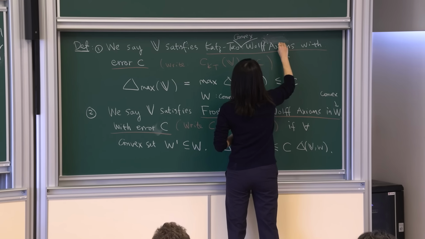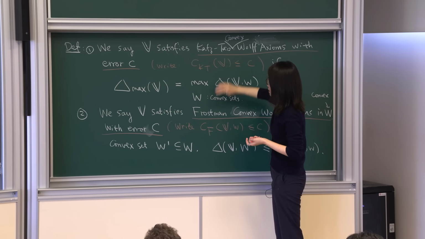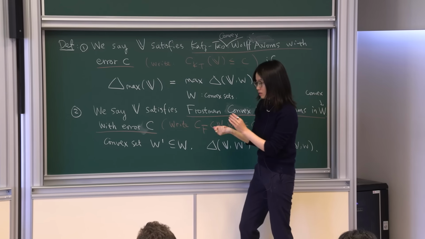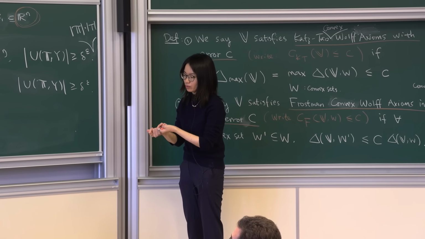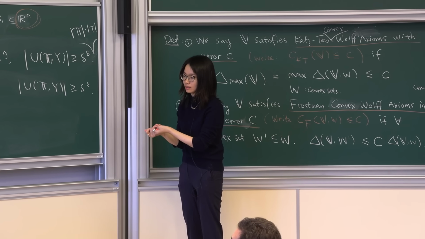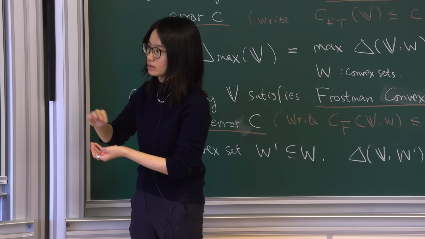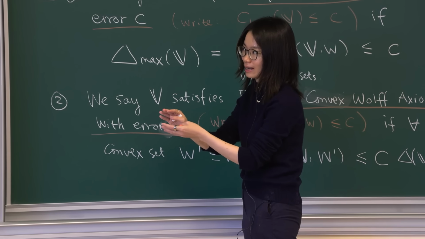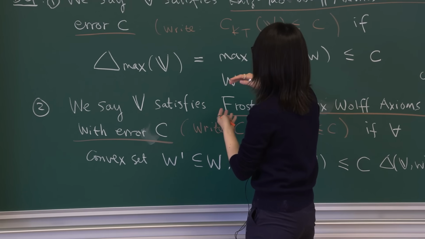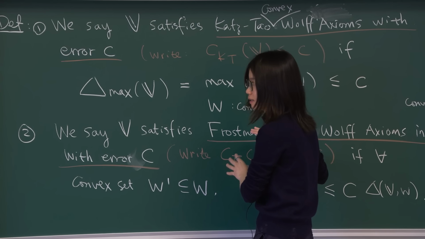And the Katz and Frostman names come from something we will also see later. Usually when we want to discretize a set of Hausdorff dimension s, there are two ways to discretize it. Suppose we discretize at scale delta, there is this Katz (delta, s)-set, and also a Frostman (delta, s)-set.